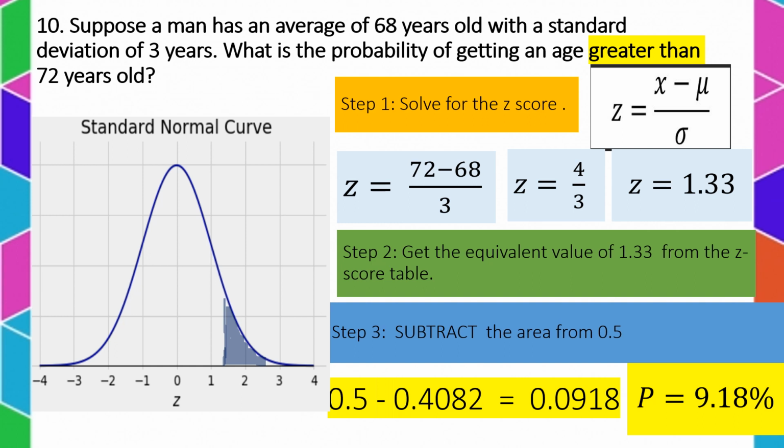So, 72 years old, the probability of getting the age of 72 is 9.18%. So, yan yung paggamit, no, how to apply in problem solving.